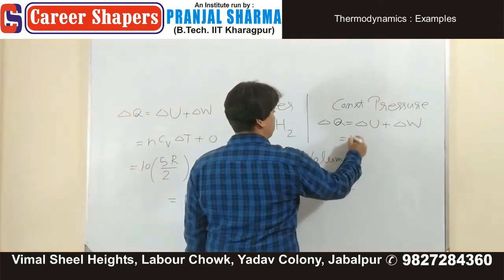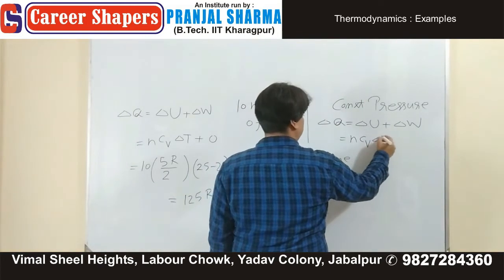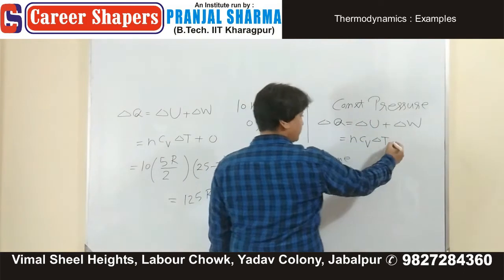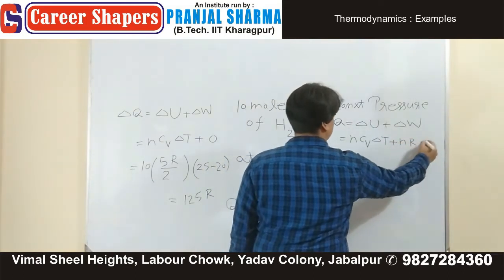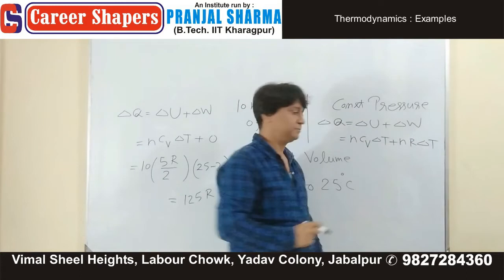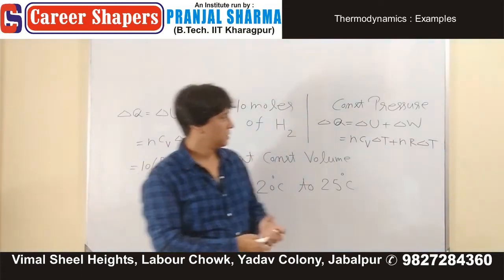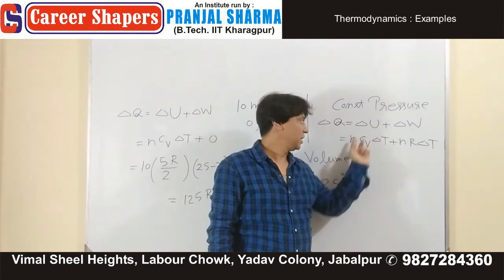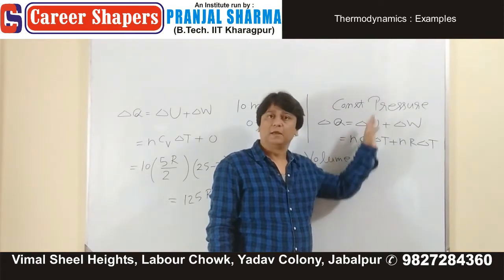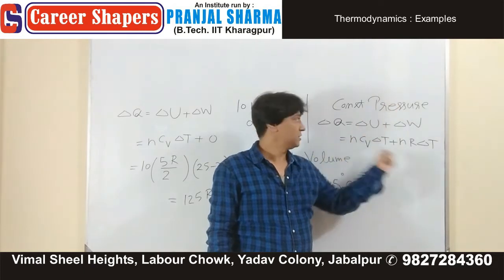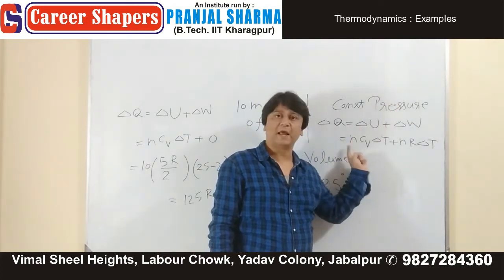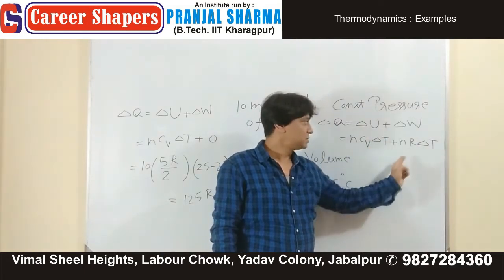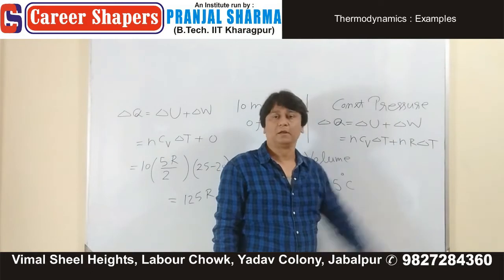Delta U is always n Cv delta T. Delta W for constant pressure is nR delta T. For any type of process, you always use the same thing. So what is delta U? n Cv delta T. It is at constant pressure, but doesn't matter. Delta U is always n Cv delta T. Work done in an isobaric process is nR delta T.